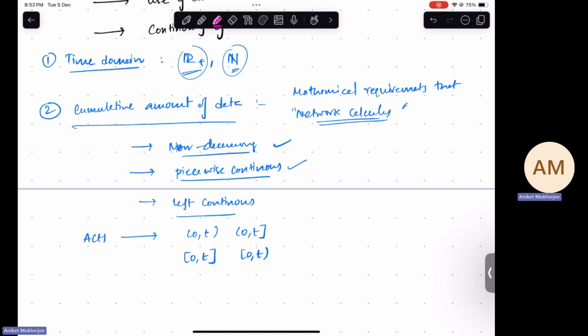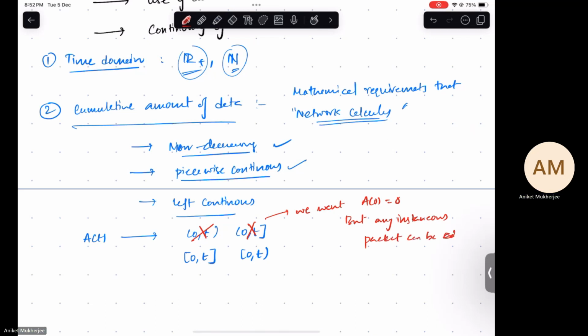Okay, so basically these two are out because we want A(0) equal to 0, but any instantaneous packet can be allowed to come at time t equal to 0.